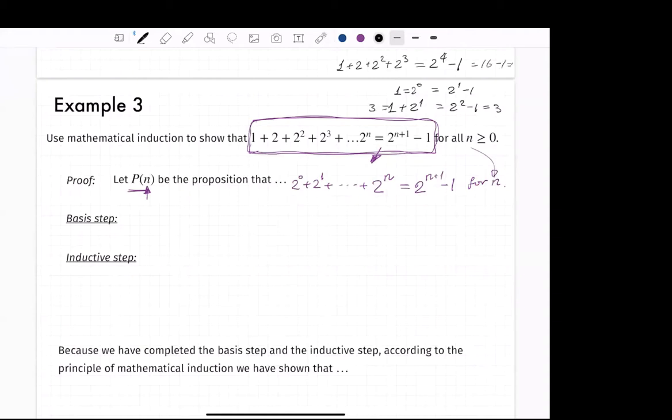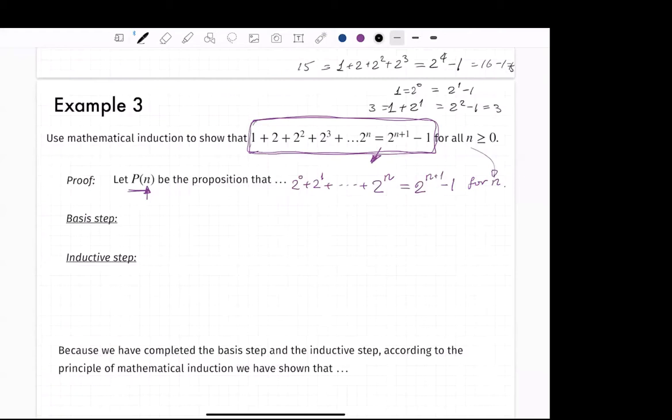That's 15. On that side, I have 1 plus 2 plus 4 plus 8. That's 15, so 15 is 15. And so on. You check the next and you'll get 31 equals 31, then 63 equals 63, 127 equals 127, 255 is 255, and so on.